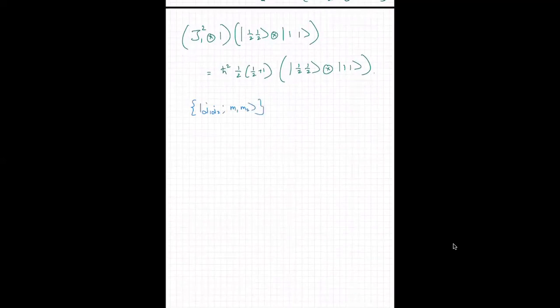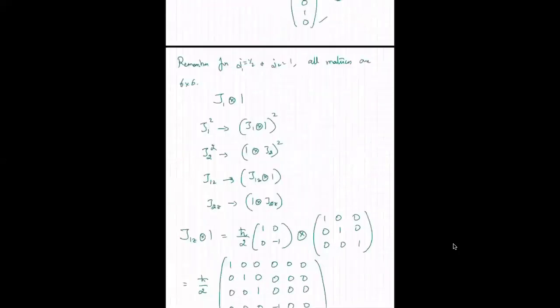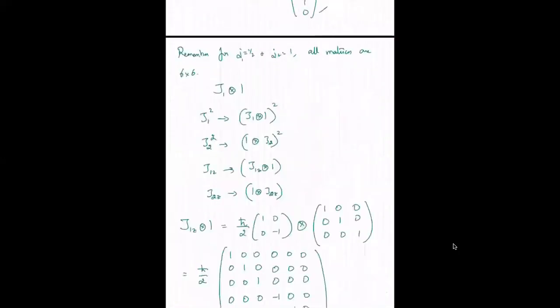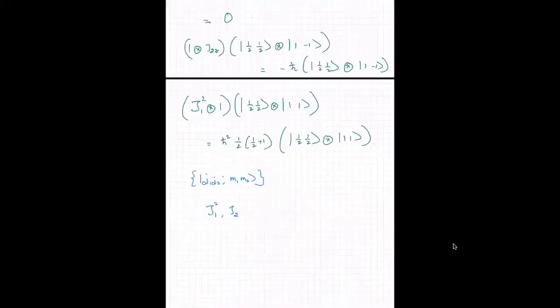Okay. And these are the simultaneous eigenkets of the 4 commuting observables, J1 square, J2 square, J1z and J2z. So we'll write this down like this.